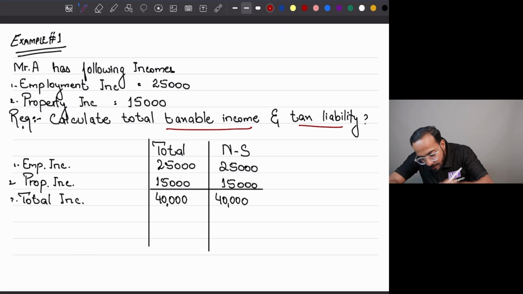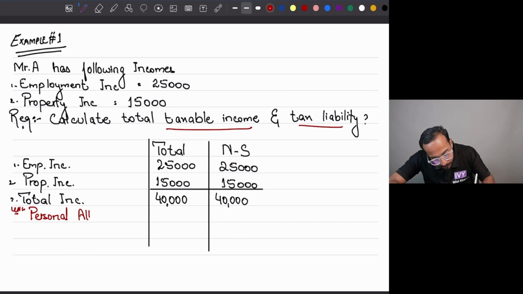You need to less one thing that I have already explained to you, that is personal allowance. That amount is fixed to a certain.